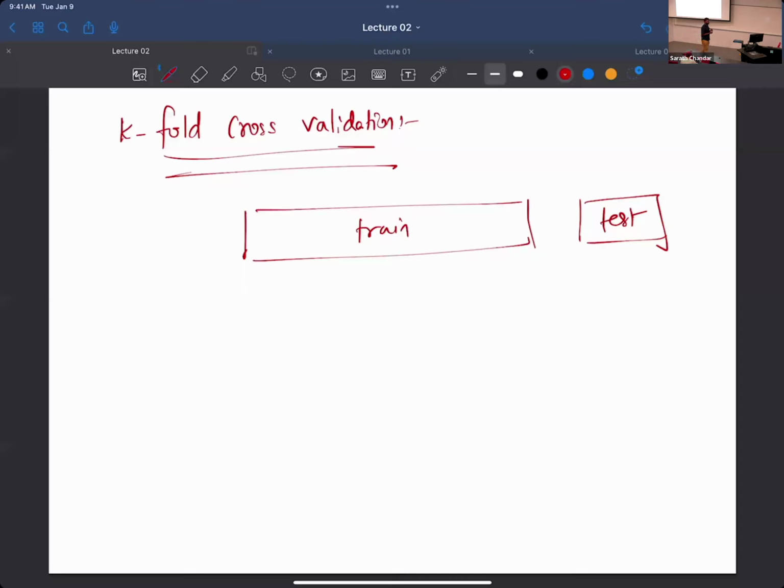Now, just to make sure that we don't get into a bad validation set, what we are going to do is split the training set into, let's say, 5 equal parts. In this case, we are doing 5-fold cross-validation, okay?